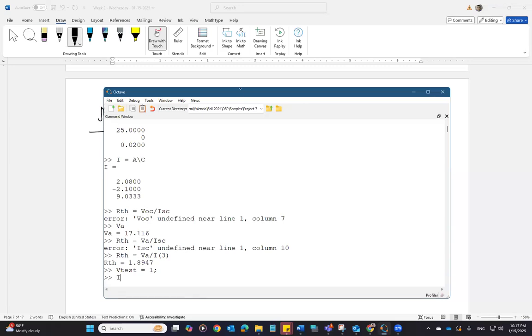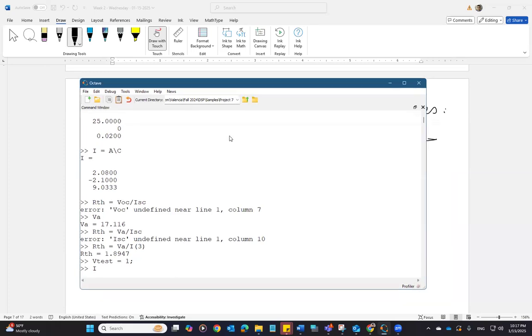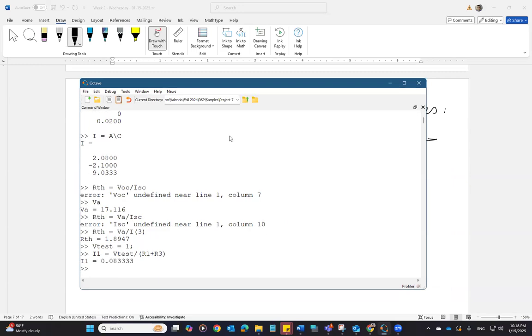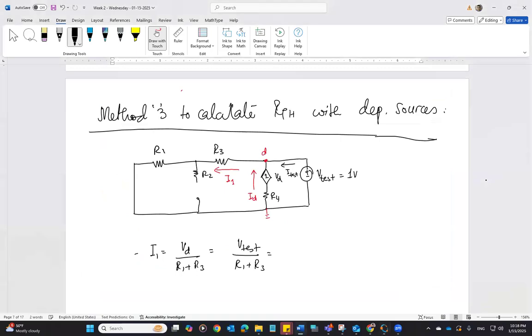And I1 is equal to V test divided by R1 plus R3. So 0.0833 or 83.34 milliampere. That's my I1.